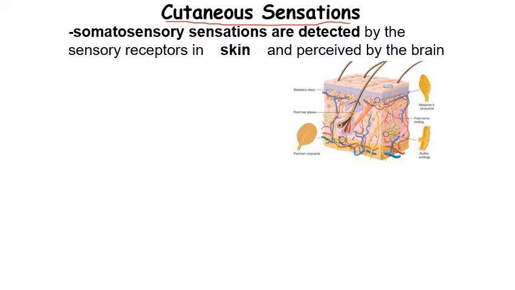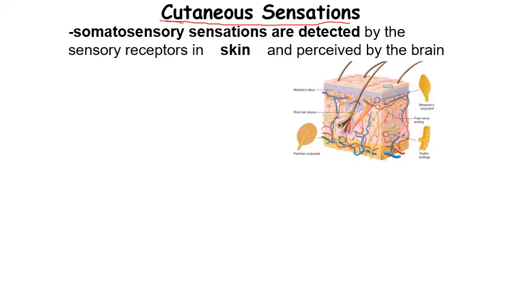These are located throughout the body, and these are termed our general senses. The others are our special senses, sensations located specifically in the head region: taste, vision, equilibrium, and hearing. These are all located in the head region, and these are our special senses.